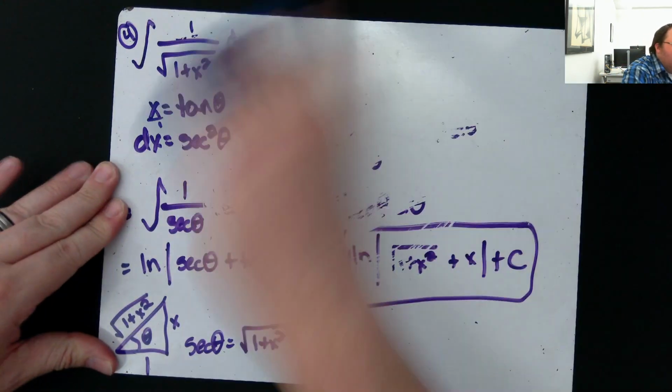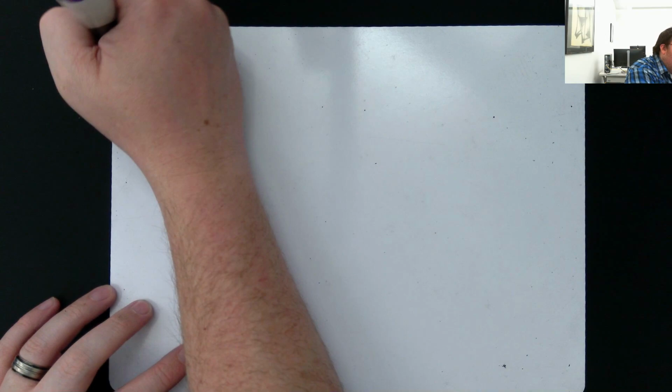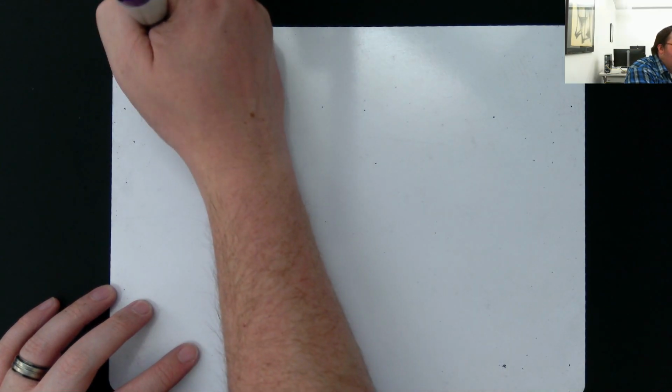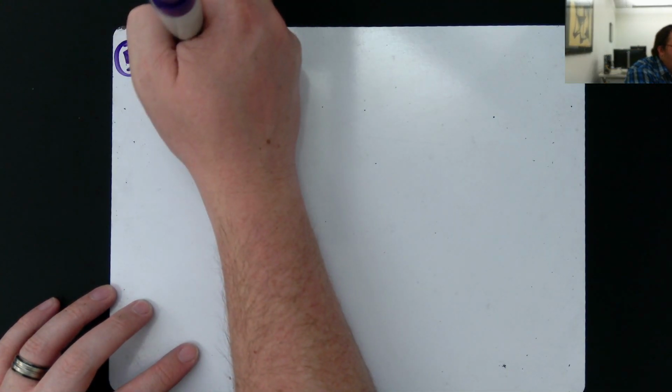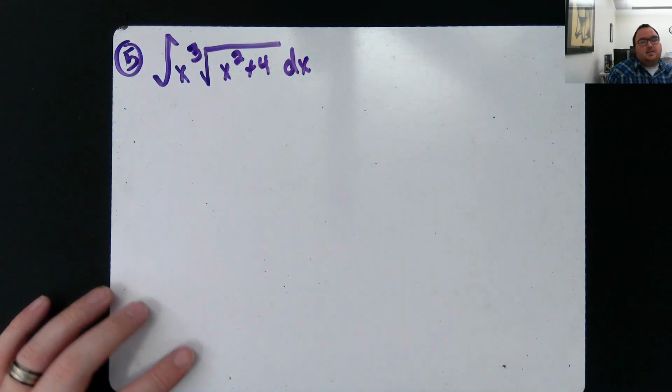Another example. Example number 5. Integral of x cubed square root of x squared plus 4 dx.